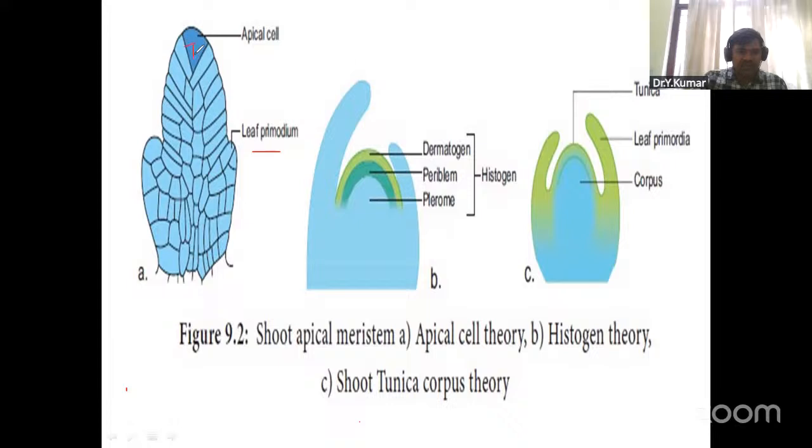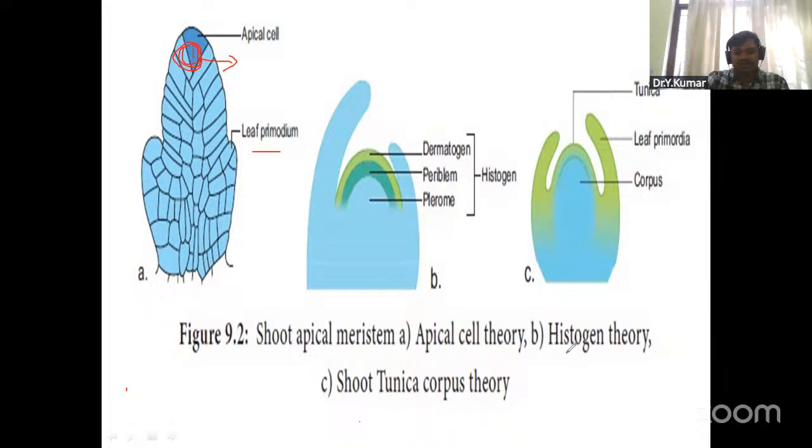This one active cell is structurally and functionally active, and divides and redivides to form the apical tissues. This is mostly applicable to lower plants like pteridophytes and bryophytes. Mainly the lower plants perform this type of growth.